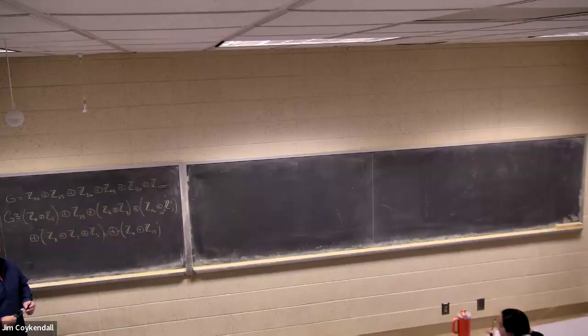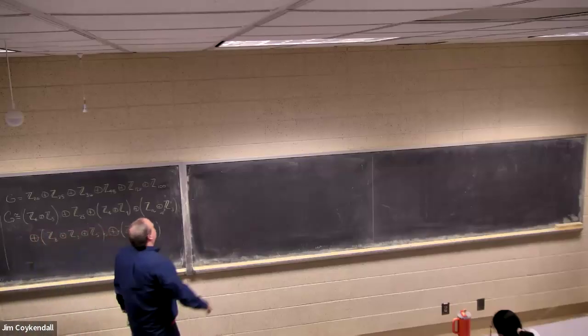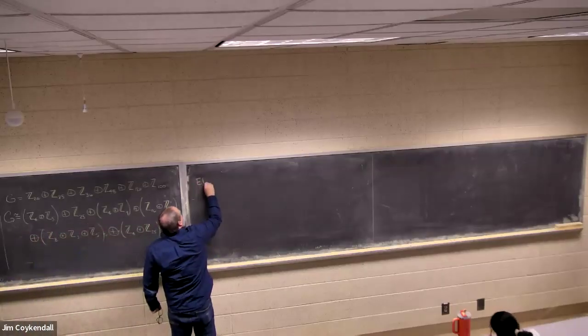Everybody see how we split these up, right? Just basically taking every number into prime powers. And I'll say something about that. So let's do element 1000.